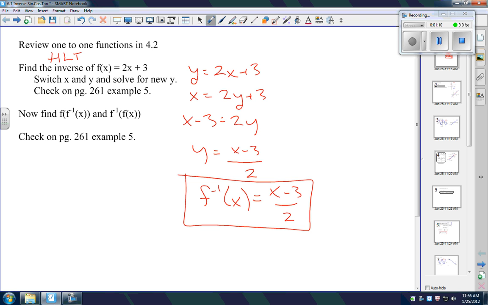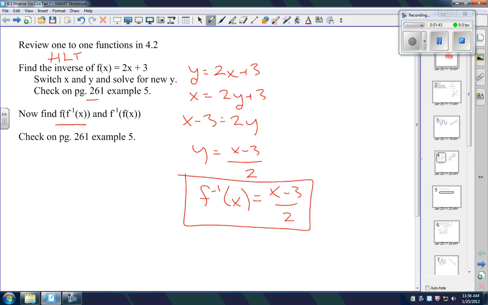So if the original function here multiplied by 2 and added 3, well, then our inverse has to subtract 3 and divide by 2. So a way to think about it is the inverse always undoes what the original does. Okay, if the original squares something, the inverse square roots it. All right. You can look on 261 here if you want another little example of this.